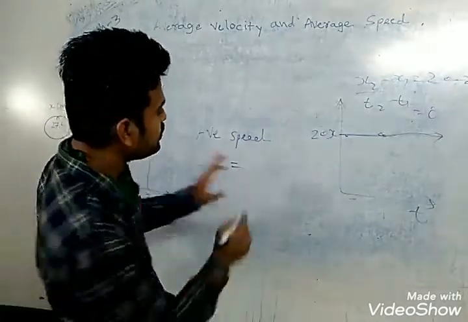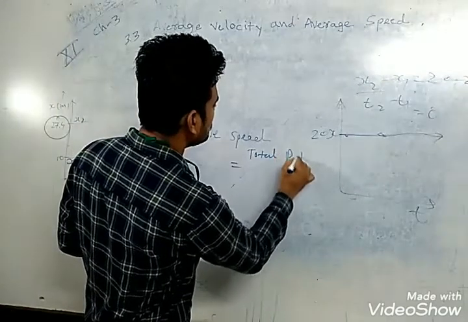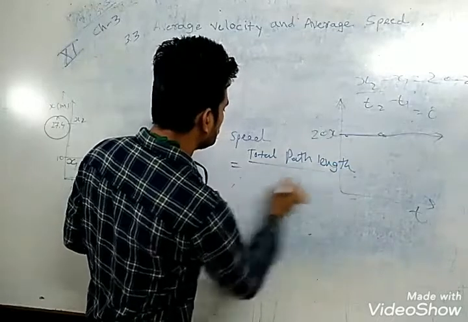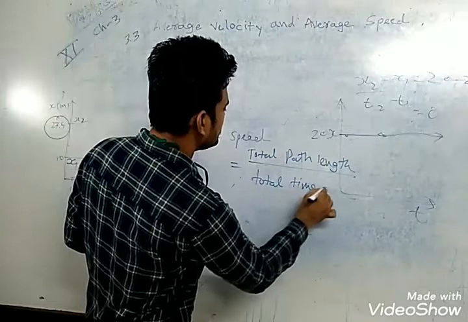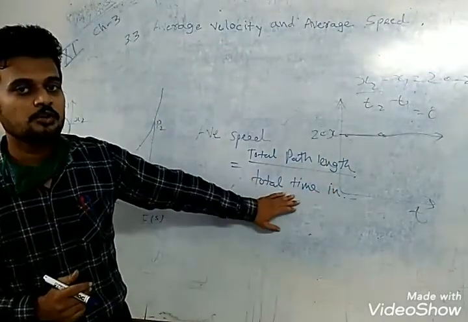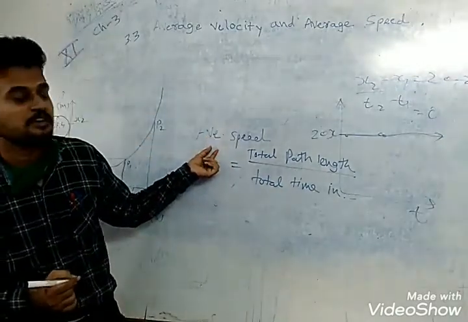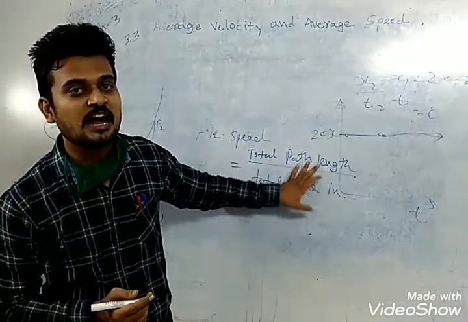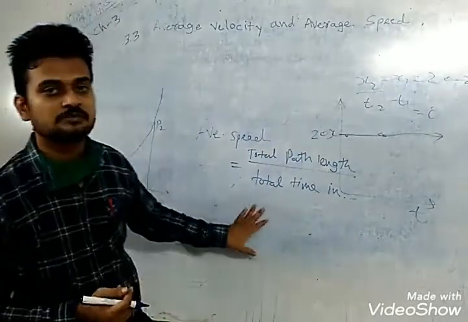Average speed is equal to total path length upon total time interval. Average speed is equal to the total path length traveled divided by the total time interval.